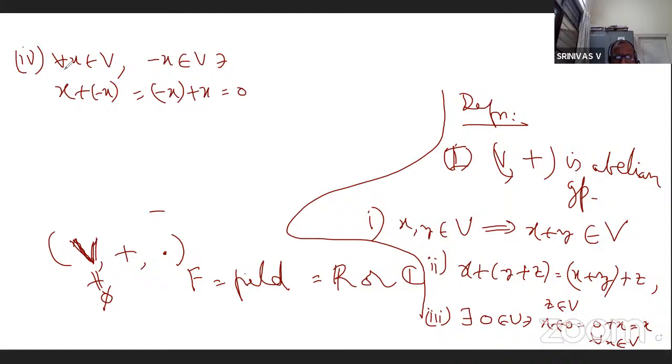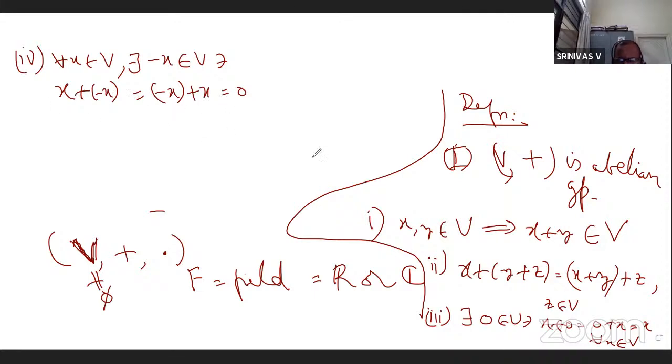Whether you add minus x to x from right or from left, both these sums must be equal to 0. This should happen for each and every x in V. This property is called the inverse property of addition.